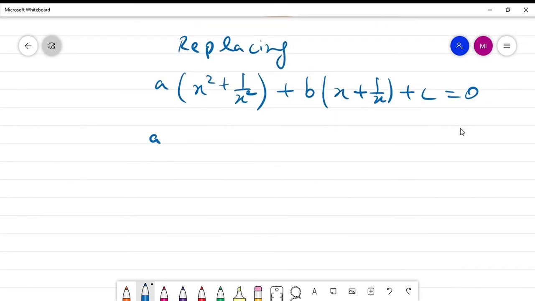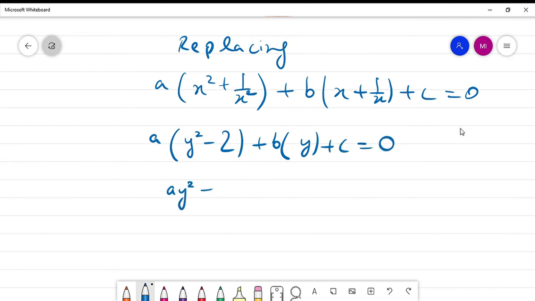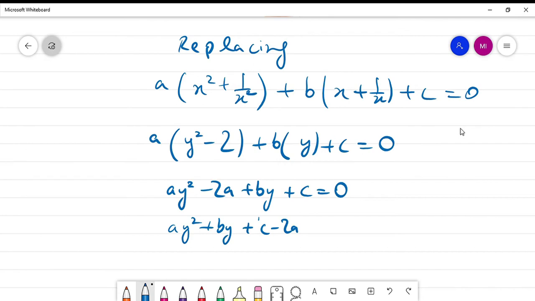So a into x squared plus 1 over x squared is y squared minus 2, as we just figured out, plus b into x plus 1 over x is y, plus c is equal to 0. So we get ay squared minus 2a plus by plus c is equal to 0, and ay squared plus by plus c minus 2a is equal to 0.